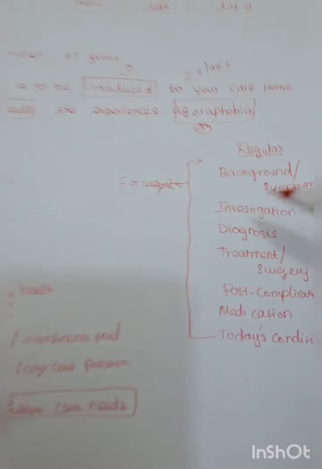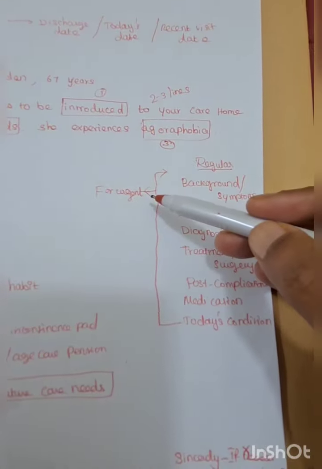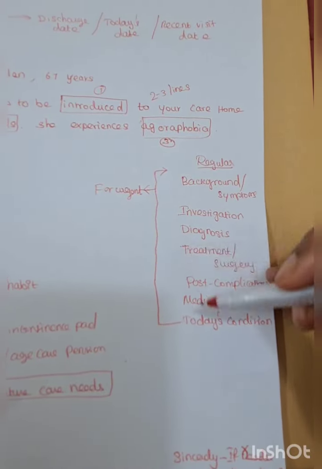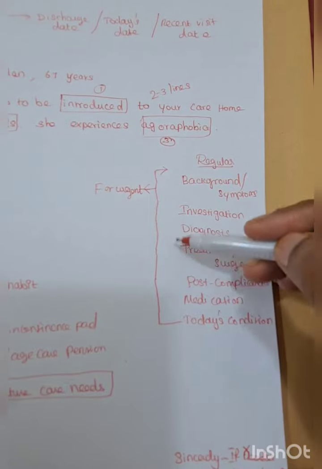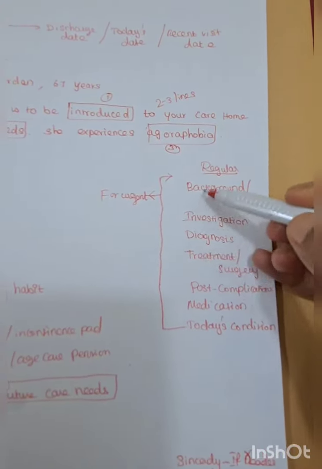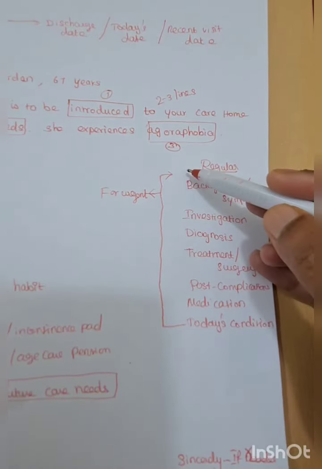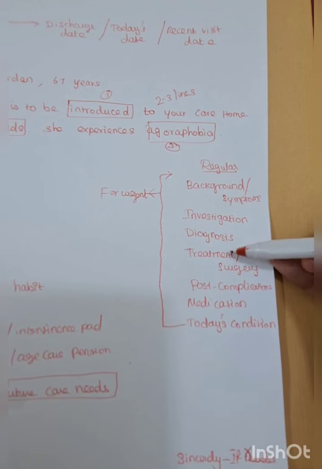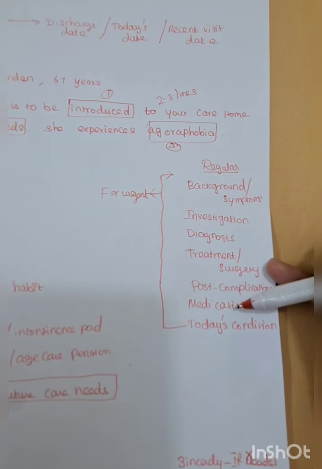In case of an urgent letter, what kind of approach do I have to provide? Today's condition will be first, in present tense, and then you will follow the rest of the details. The same order, but today's condition will be first, then comes your symptoms and investigation, diagnosis, treatment, post complication and medication.